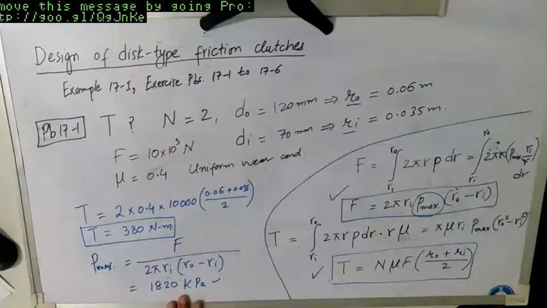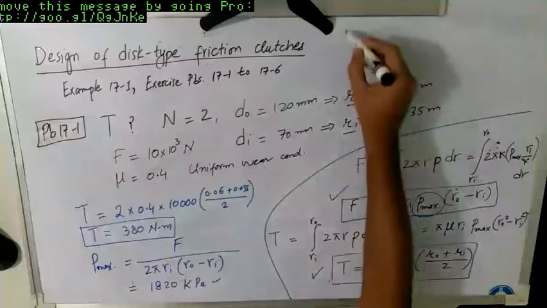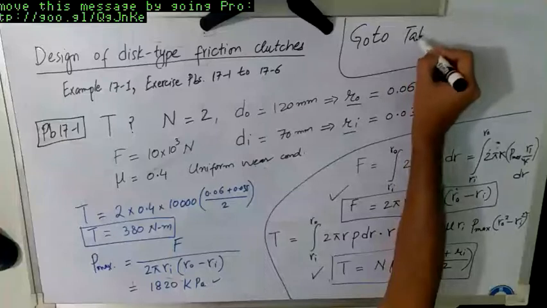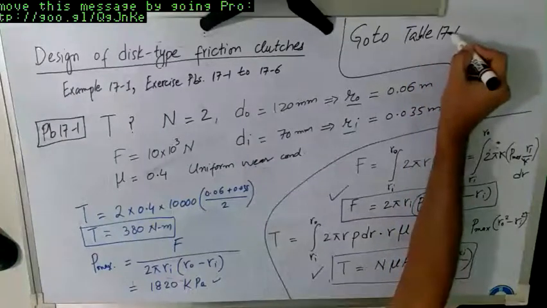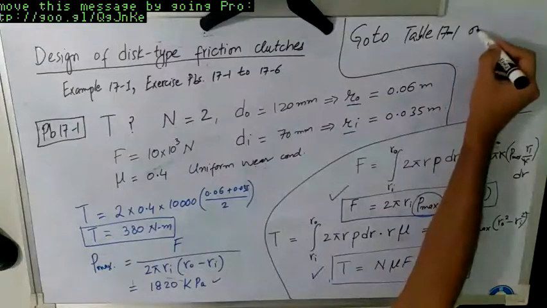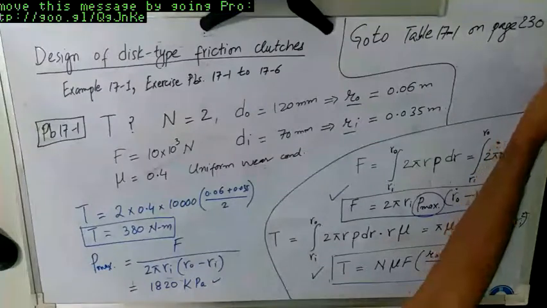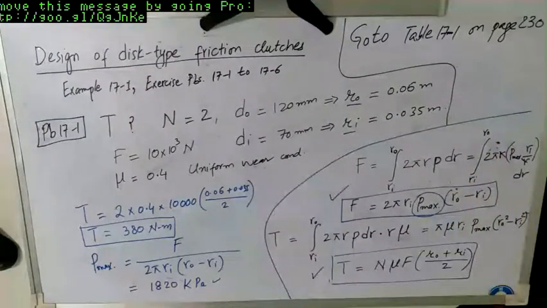So for that, I invite you to scroll to your student handbook and go to table 17-1 on page 230 of your handbook, and here you will see different materials in the leftmost column, and then on the right side you will have the values of factors.